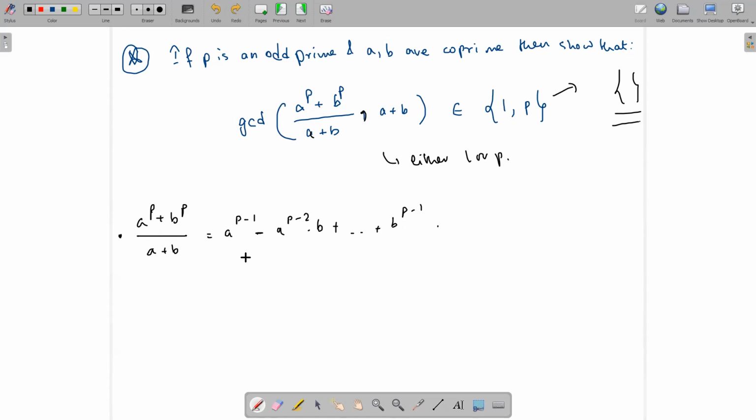What can you say about this RHS? If you can find a factor of a plus b here, and you can find something remaining, you can say that if this has to divide, then it has to divide the remaining part also, right?